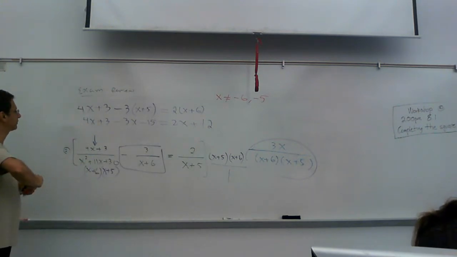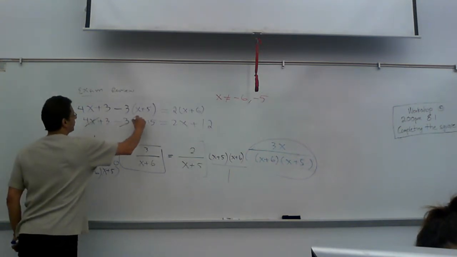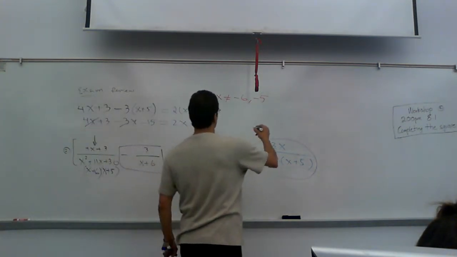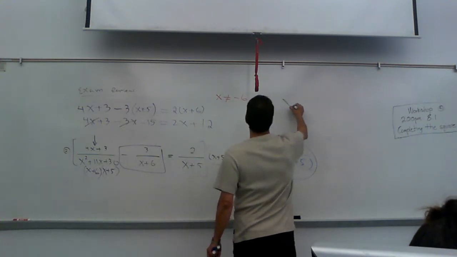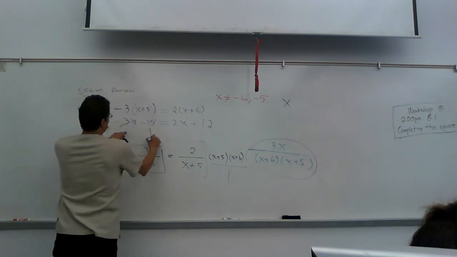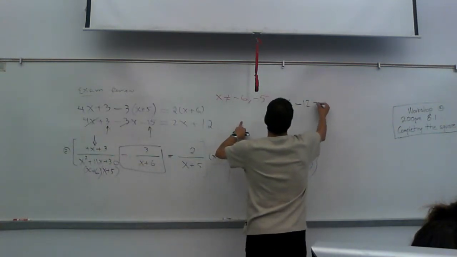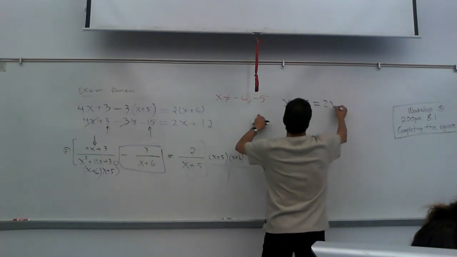Is that right, everybody? Mm-hmm. All right. So now what? 4x and minus 3x. What do we have here? Let's put it here. X. Positive 3 and negative 15. What do we have? And the right side, just write it. Is everybody with me?